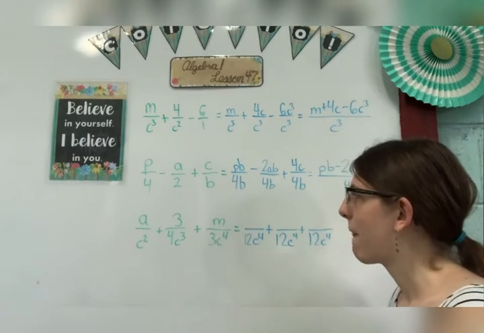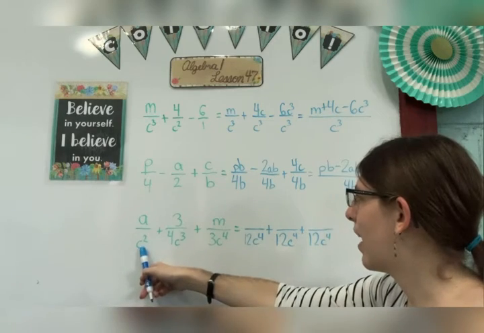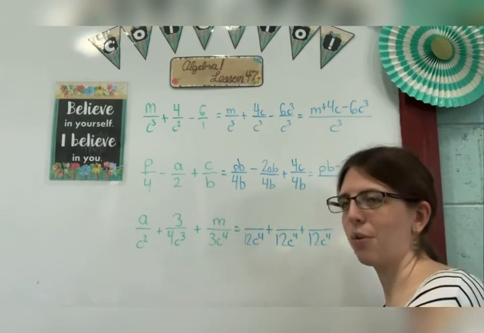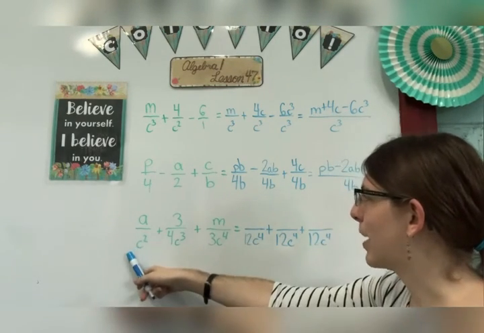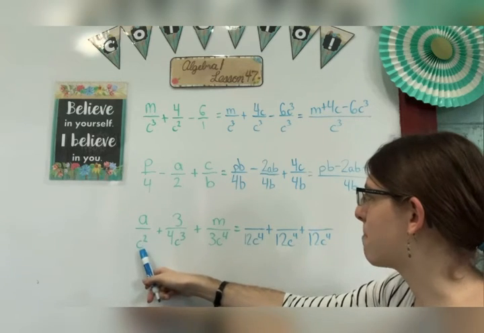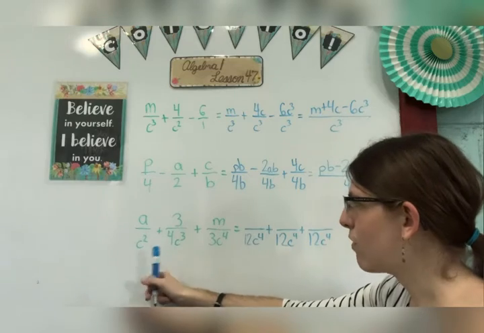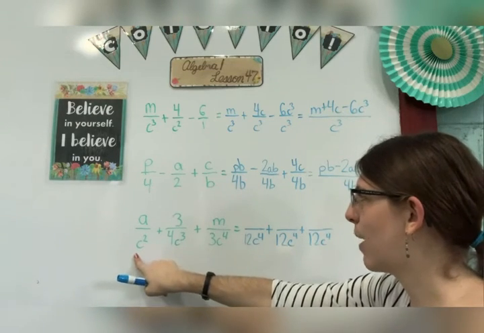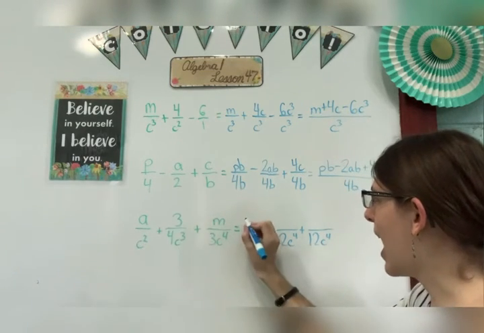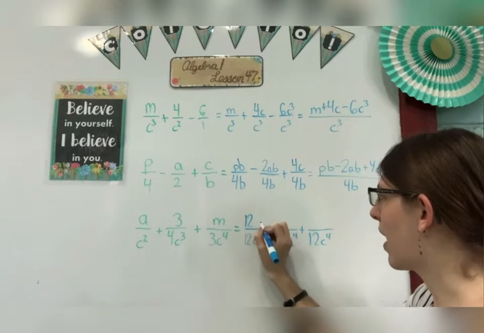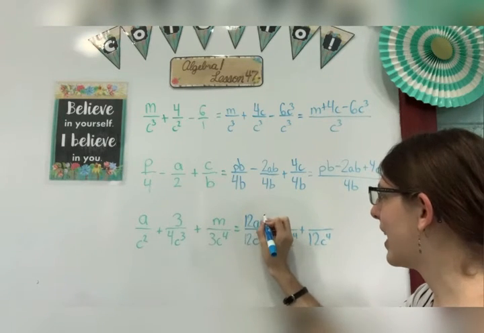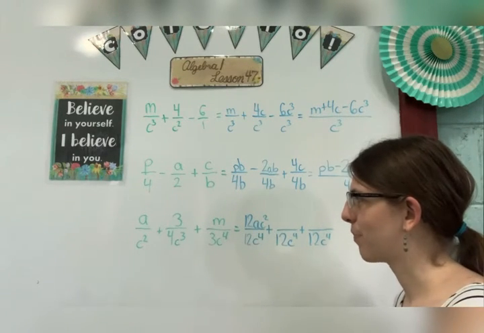All right. Now I multiply my c squared by what to get 12c to the fourth? Well, I had to multiply by 12 to get the 12 and by 2 c's to get to c to the fourth. So I multiplied it by 12c squared. So I have to multiply my a by 12c squared to get 12ac squared.